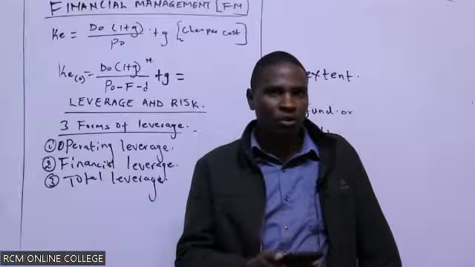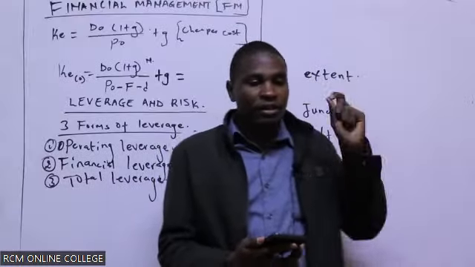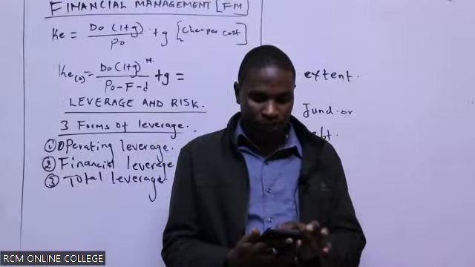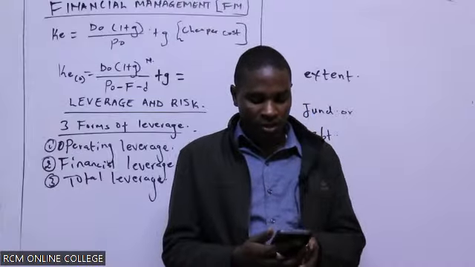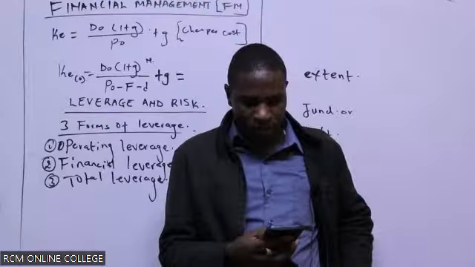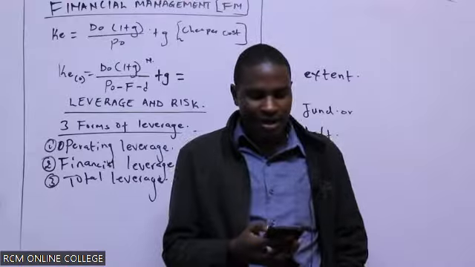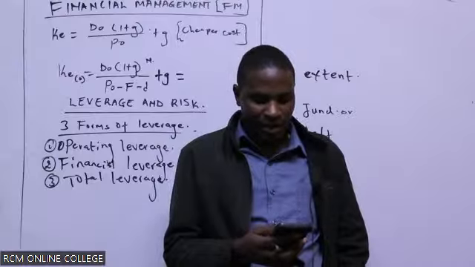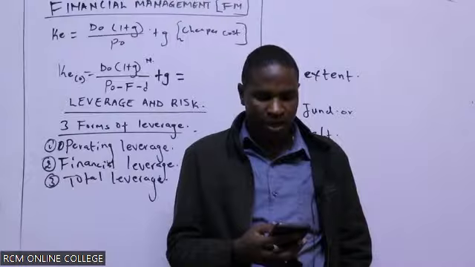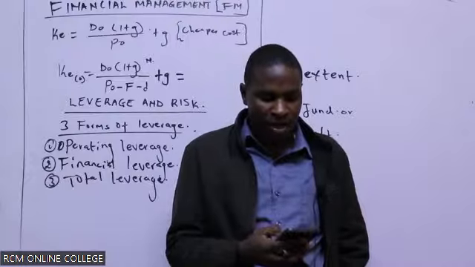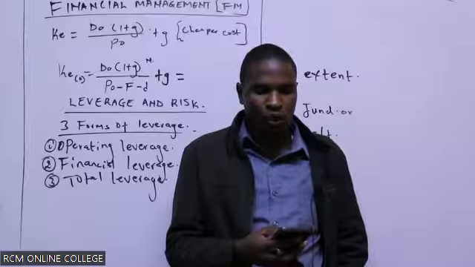It's a variable cost. Therefore, this operating leverage helps you to get that ratio of cost, the fixed cost and the variable cost. Then you put a full stop and continue and say a higher operating leverage means that the company has a higher proportion of fixed cost.